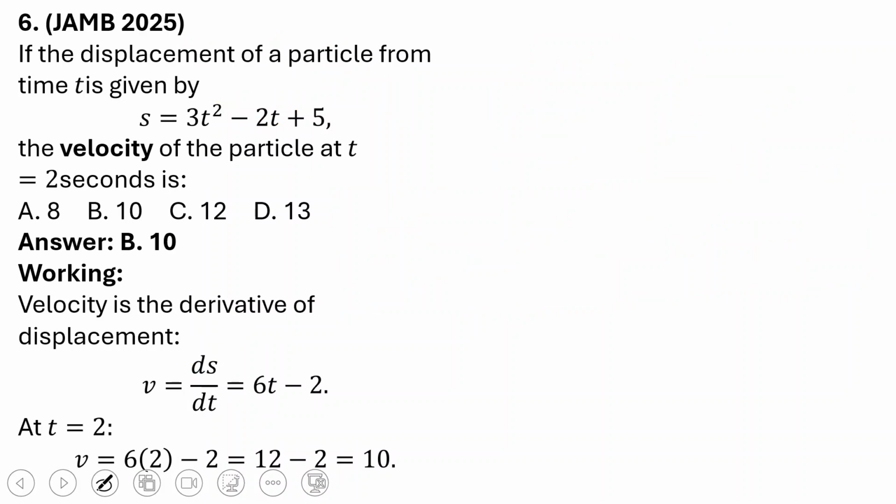Okay, so if the displacement of a particle from time t is given by s, where s is displacement, then I have 3t squared minus 2t plus 5. The velocity of the particle at t equal to 2 seconds is... Now, for application of differentials in displacement, velocity, and acceleration, there's a relationship that exists between them.